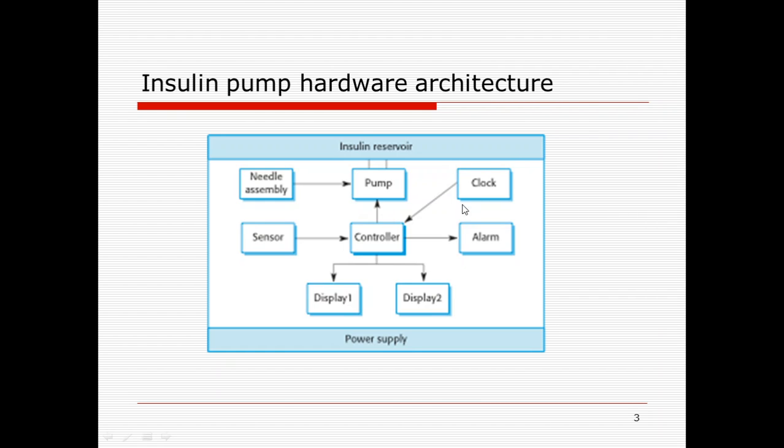The controller, based on the time from the clock and this data, calculates the appropriate level of dose to be provided to the patient. Those things are also displayed on the display devices. Then it sends this information to the pump. The pump takes the appropriate level of insulin from the insulin reservoir and pumps it into the patient's body. So this is the hardware setup of the device, that is, the hardware architecture.